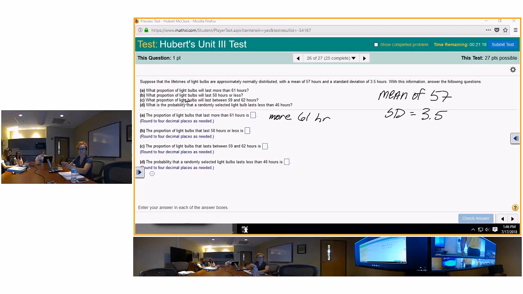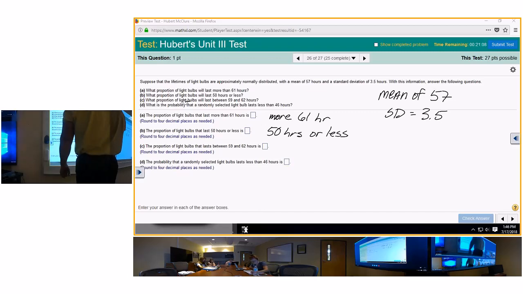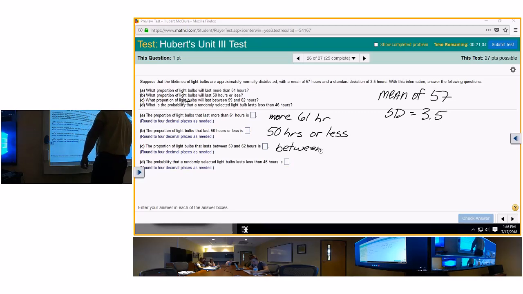The proportion that last 50 hours or less. Between 59 and 62 hours. And less than 46 hours.